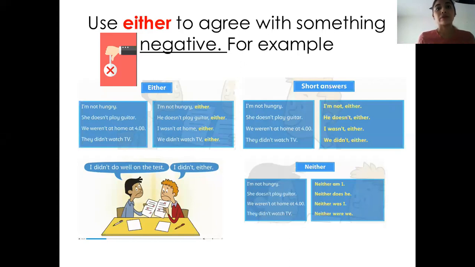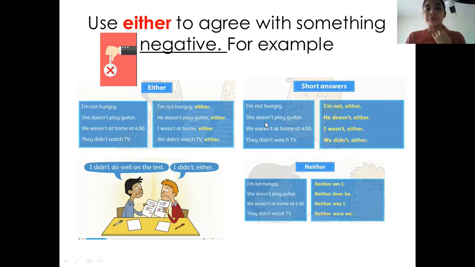Can you see? There is a negative statement that is happening to two subjects. So we use the word "either" at the end of the sentence. We can use the word "either" in short answers too, with three words.